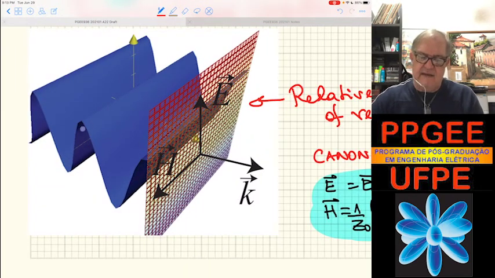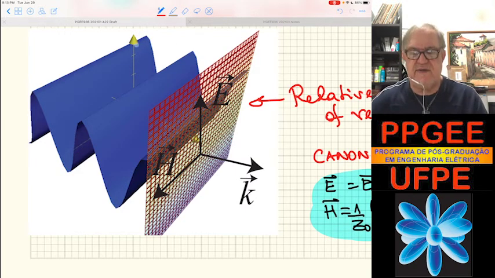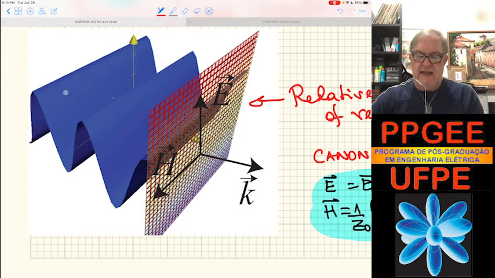I mean, this is a cosine function, let's say a real function. Let's say all complex vectors are real, then we have only the cosine function that is important. k is the direction. A constant phase is a plane, because along this plane the amplitude of the wave is constant.